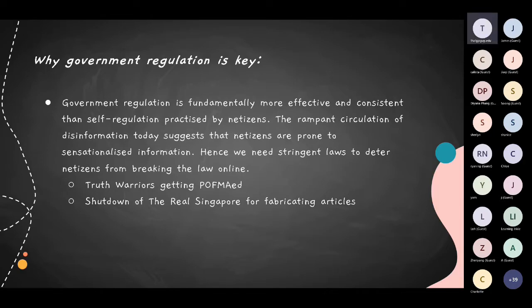But basically, this whole drama that they put up is false. It's fake news, and they ended up getting shut down by the government, and they also got charged, if I'm not wrong.